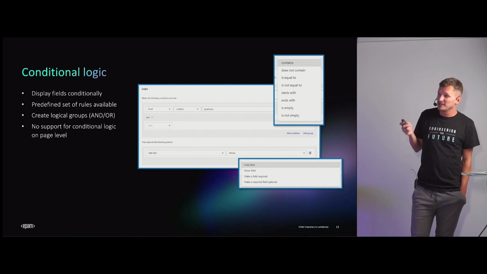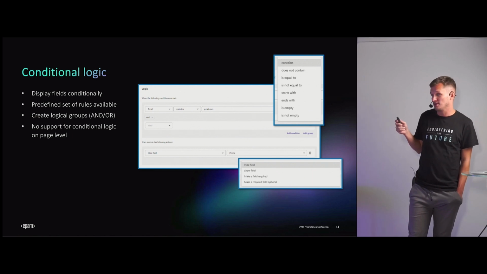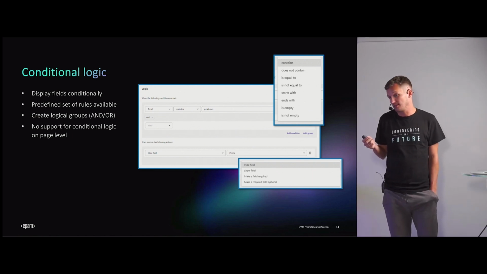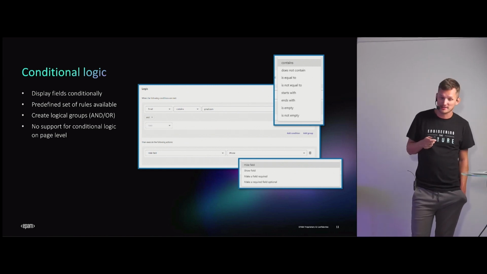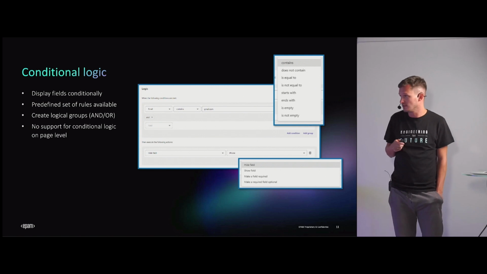It works pretty nice, but there's one big limitation in my view: it doesn't work on page level. So we can do it only for fields, but can't do it for pages. That's a pity, and hopefully Sitecore will address it in future releases.